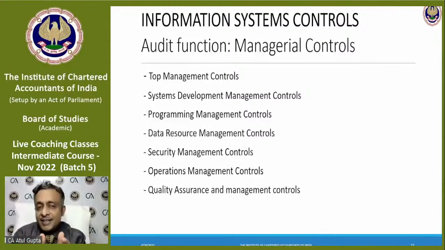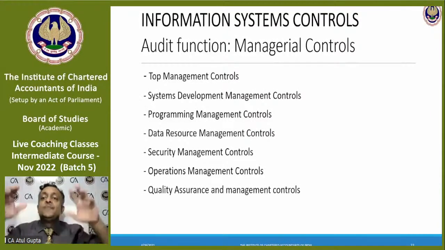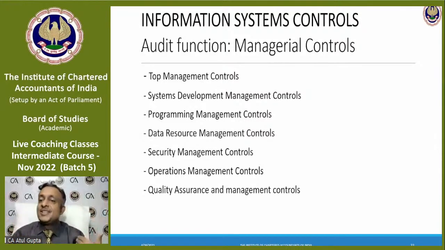How you keep data secured. And next is security management control, which is going to cover all the above aspects. So during development, during programming, during data creation, what security per se, by definition, we have been talking about physical and logical controls. Those are security. Then your program is developed, you start using it, operations management control, whether it is working properly or not.